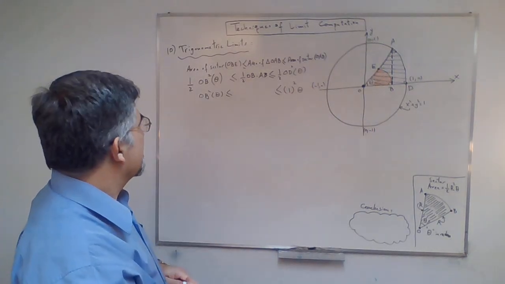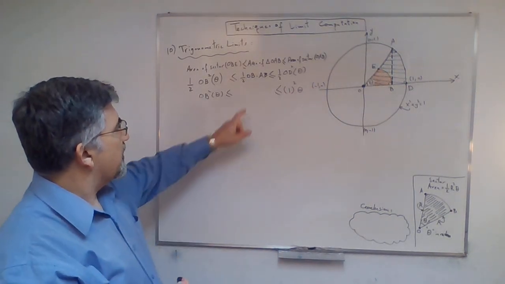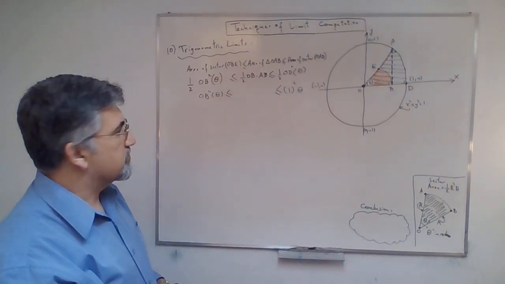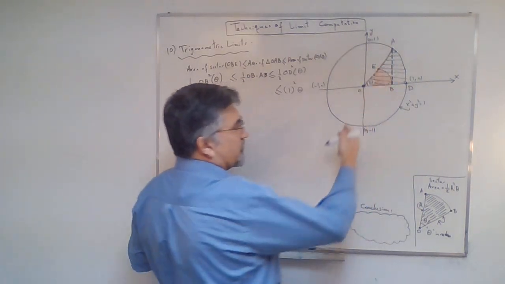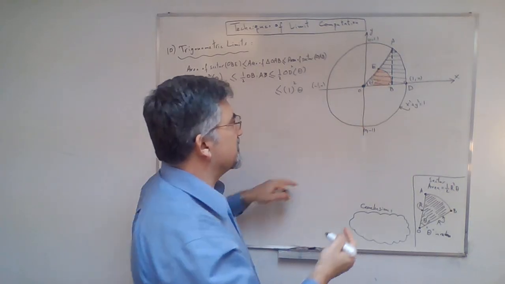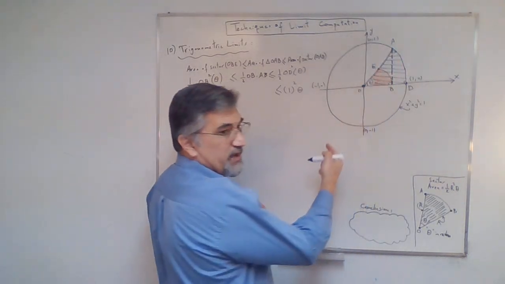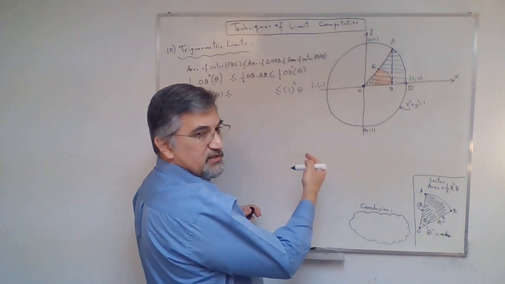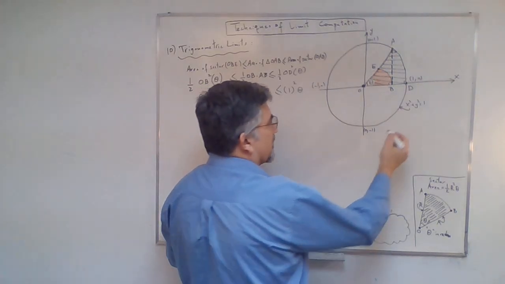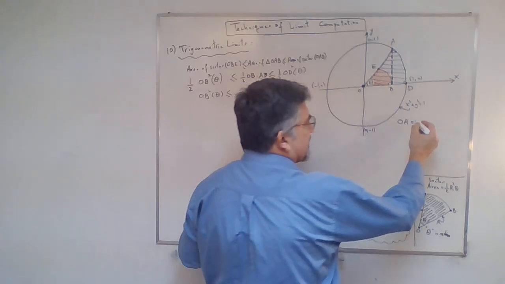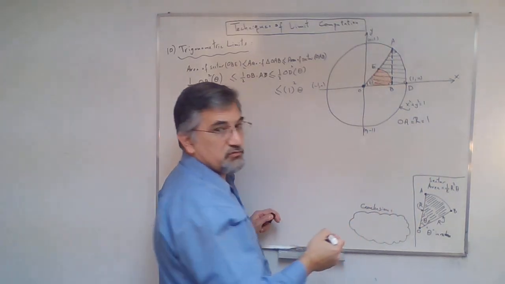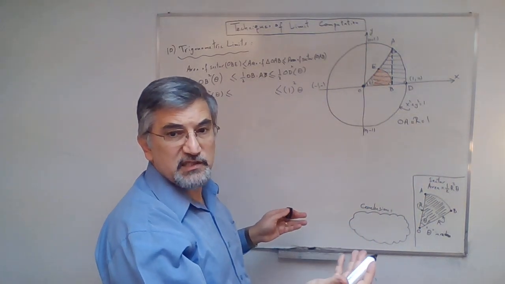All right. Now, about OB and AB, if you remember, I said that this is a unit circle, so that means that the hypotenuse OA of the right angle triangle is the radius of the circle, which happens to be 1. So I can say OA is the hypotenuse of the right angle triangle, and that is equal to the radius of the circle, which is equal to 1, because it's a unit circle at the end of the day.